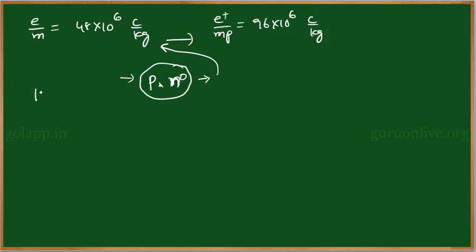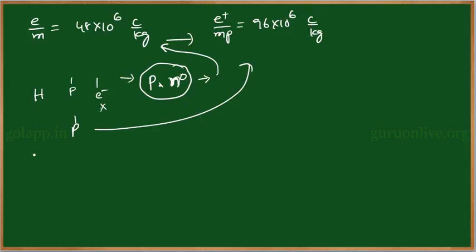For example, consider hydrogen. Hydrogen has one proton and one electron. If we take out that electron, it will only have a proton, but the e by m ratio of this proton will not be similar to this. So that means it is not the exact particle.